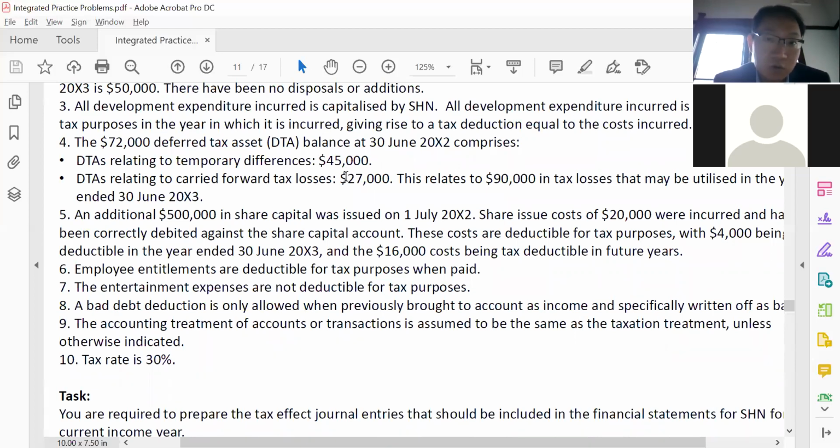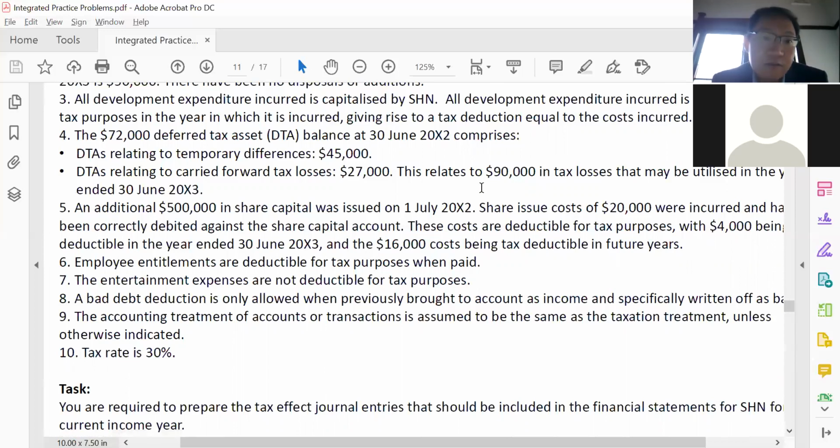We are also told that the tax rate is 30%. So if we divide 27,000 by 0.3, we're going to be able to back out the amount of the tax loss. But the question has told you that already. But if the question didn't tell you that, now you know how to back that out.